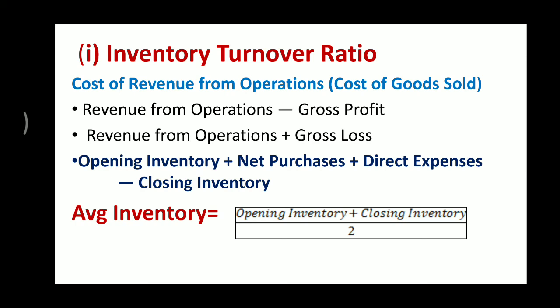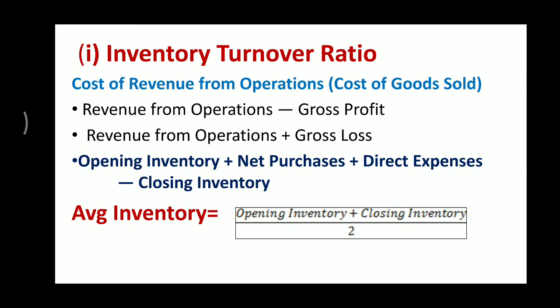Examples of direct expenses are whatever expenses you write in the trading account: wages, coal, gas, fuel, carriage inward. So cost of revenue from operation or COGS is equal to opening inventory plus net purchases plus direct expenses minus closing inventory.